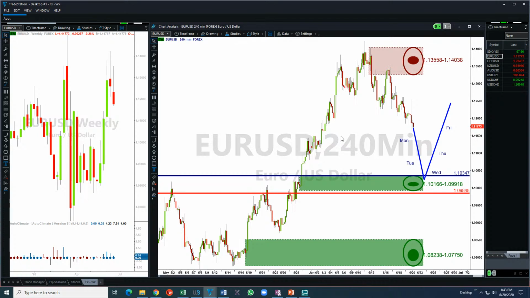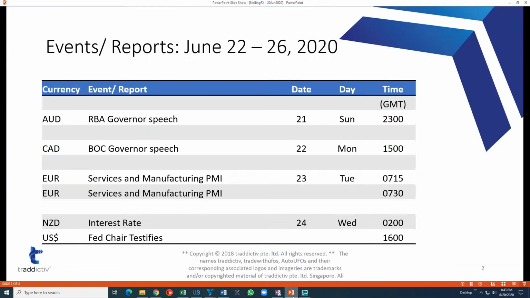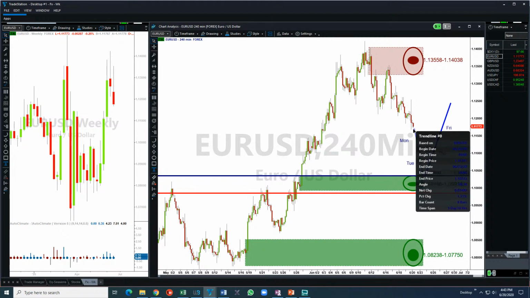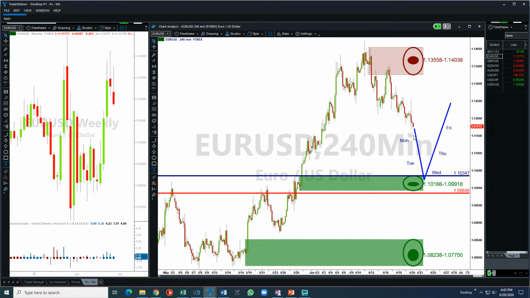I'd just rather wait. The other reason is that because it's a weekly plan, and we have some news coming out on Tuesday, right? So Monday we could have a little bit of a gap based on everything that's happening in the world. Very volatile times, so we could already have a gap on Monday, and then with Tuesday the manufacturing and services numbers getting released, we could have some additional volatility.